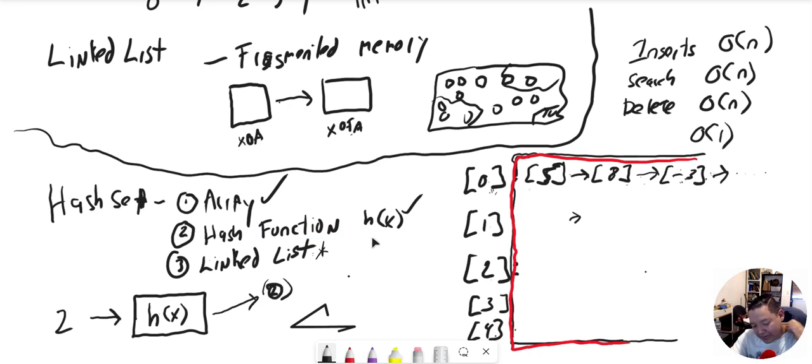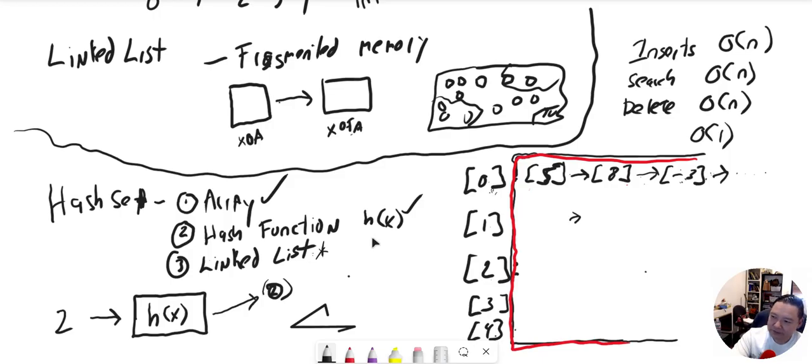You can't loop through a hash set in order because of the hash function as well. That's why you have a key value pair. But again, Java takes care of that for you, or any high level language does.